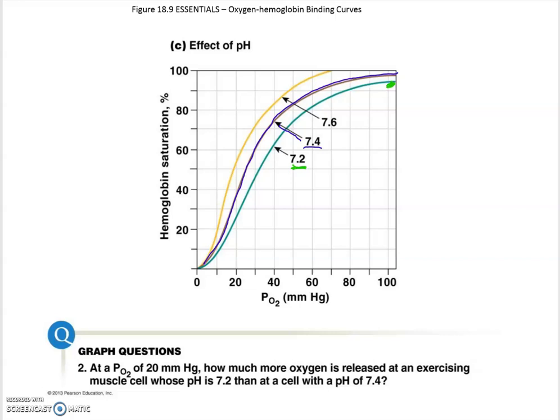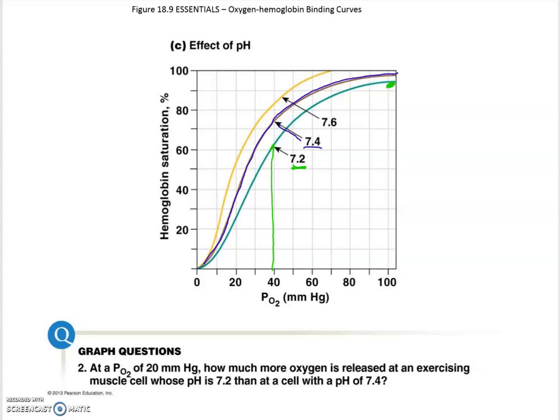We're only loading up to a little over 90%. And once we go into the tissues, we're unloading to 60%. So that means we're unloading much more than we should. And once we go into the lungs, we are not reloading to 100% level. So that's one problem.